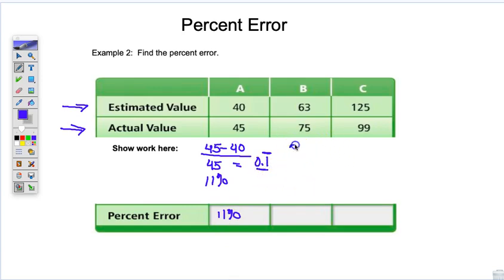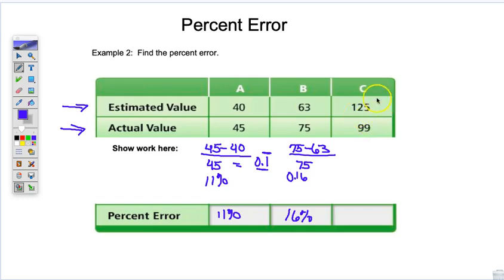In the second one, we're going to again find the difference. 75 take away 63. Then we're going to divide it by the actual 75. In this case, I get a decimal of 0.16. Moving it 2 places to the right gives me 16%. In the third example, I'm going to again find the difference.